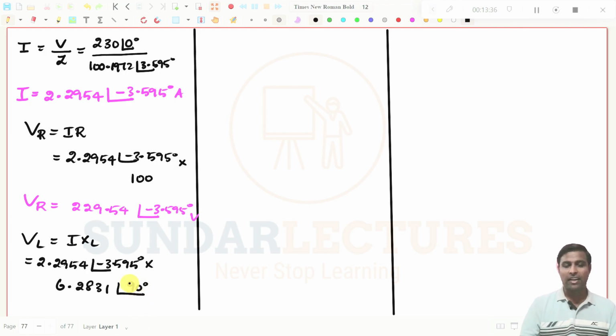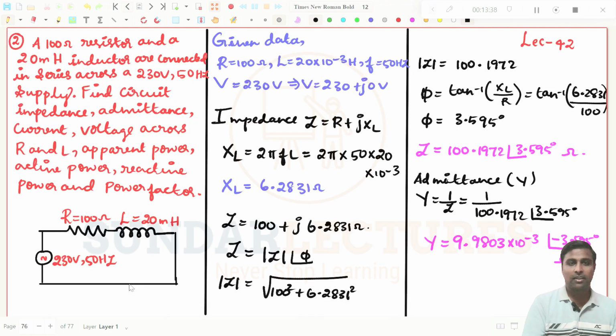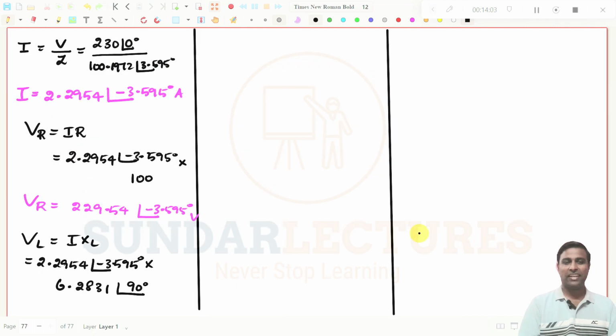Try to understand, because what is the Z value? In Z, the R value will be 100, but the value of XL is with j, and what is j? The plus j operator will be 90 degree, right? You have to write it as 6.2831 at an angle of 90 degree. So I have written like this.